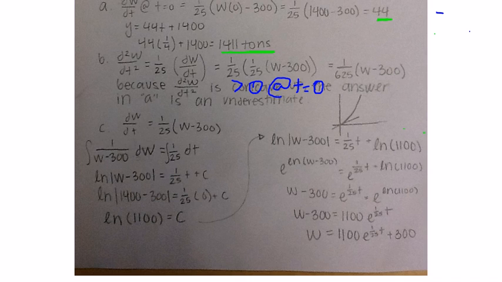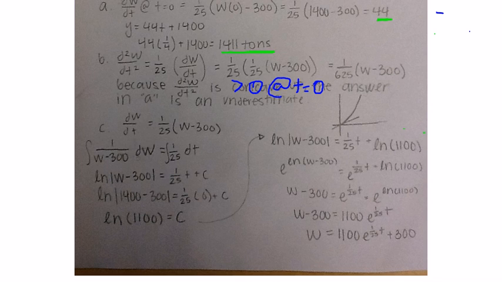So you get dW/(W minus 300) equals 1/25 dt. And what might trip some people up is they don't see, where's the t here? How can I do that? You're taking the antiderivative, not the derivative. So if you have a constant and you take the antiderivative, that's the constant times the variable.